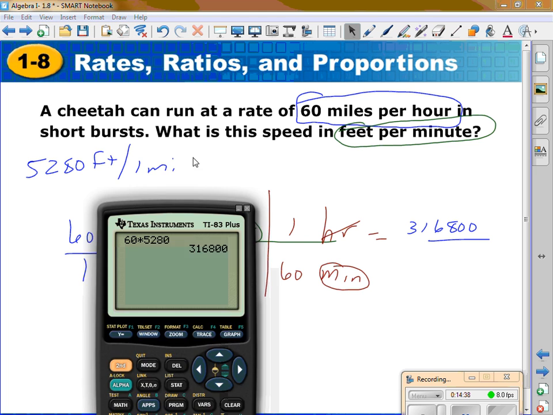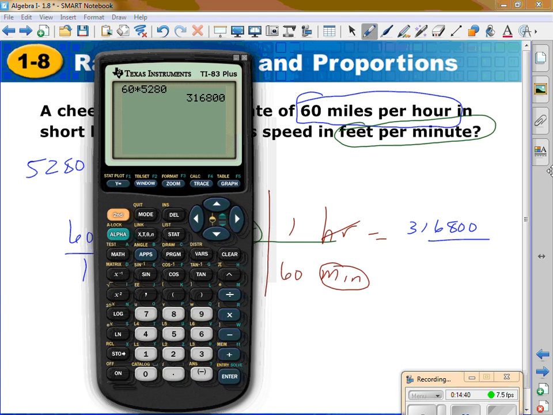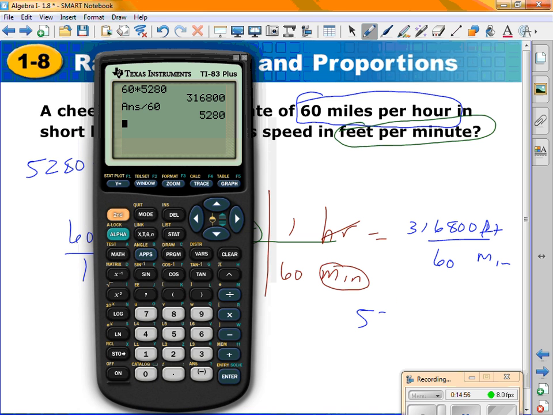On the bottom, it's 1 times 1 times 60, which is 60. Can't really mess that one up. Feet per minute. So I divide by 60. A cheetah can cover 5,280 feet in 1 minute.